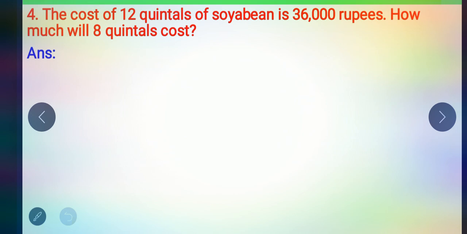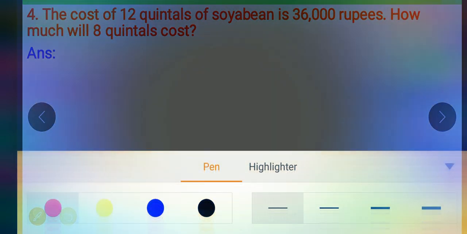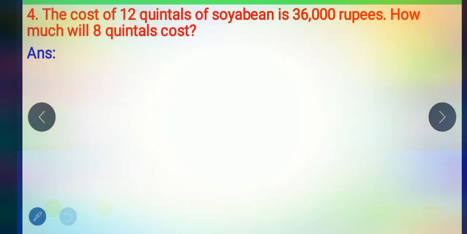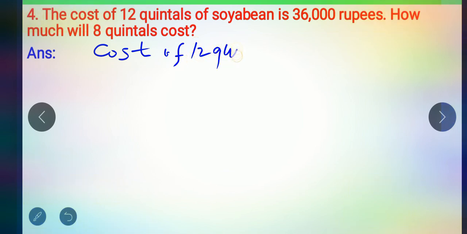We'll write cost. Just a second, students. I'll have to change the ink. It is red, so I'll use blue. Here, cost of 12 quintal is equal to 36,000 rupees.